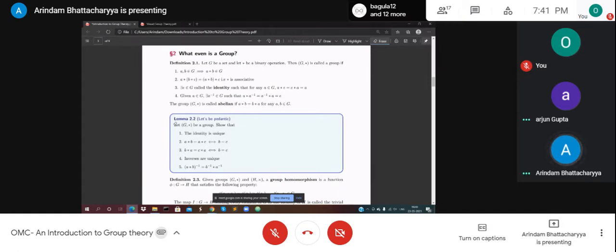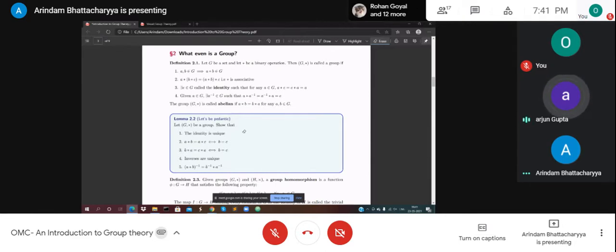Someone solved the first part of the lemma. Someone give me a proof of the first part of the lemma, that there cannot be two different identities. I think the reason is simple, it should follow directly by property 4.